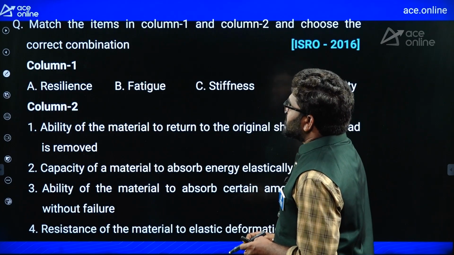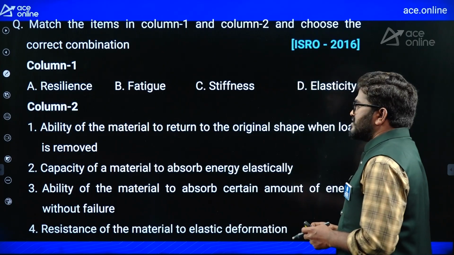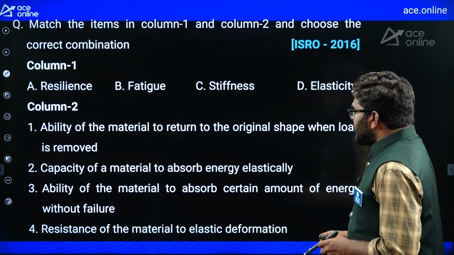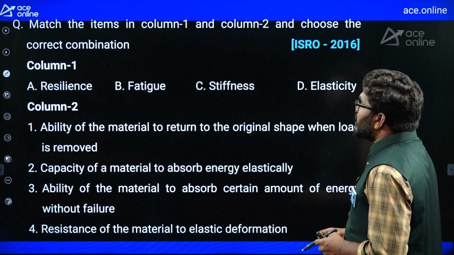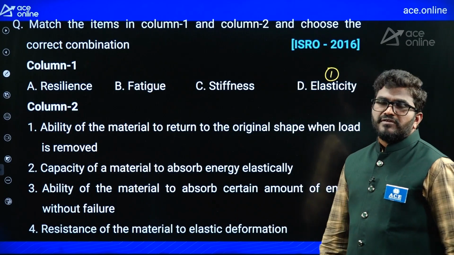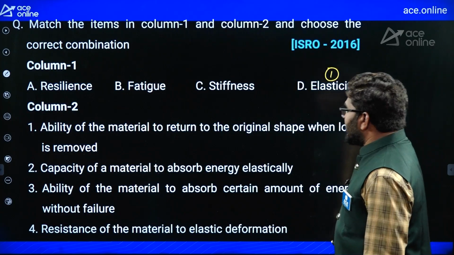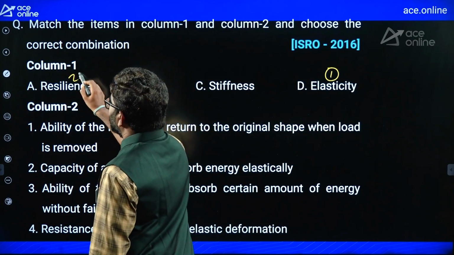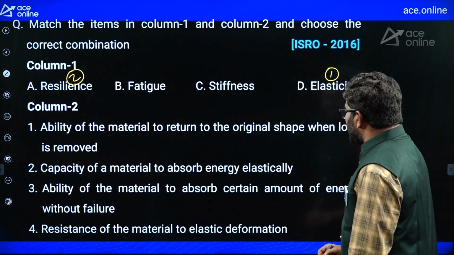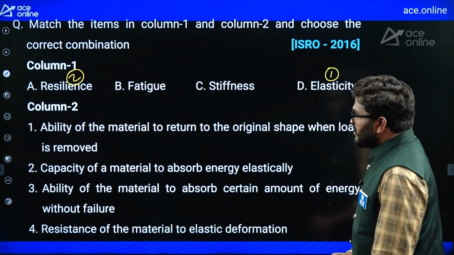Next, see, match the following question here: resilience, fatigue, stiffness and elasticity. See, the ability of a material to return to its original shape when the load is removed, elasticity, D is 1. The capacity of a material to absorb energy elastically, resilience. Ability of a material to absorb a certain amount of energy without failure, we will see that.